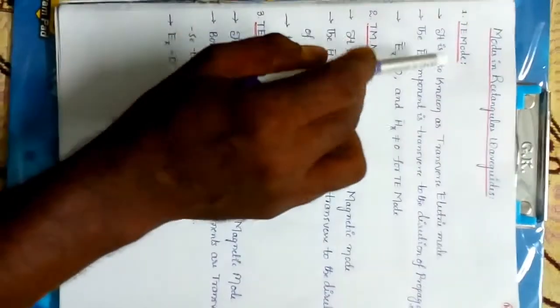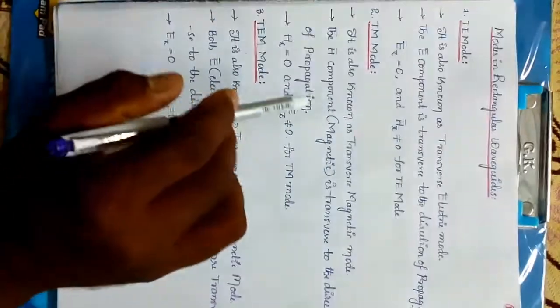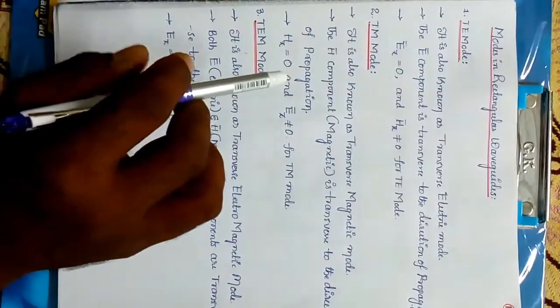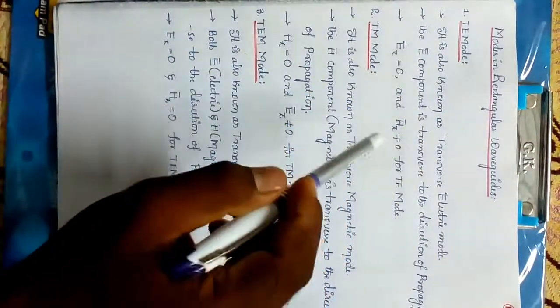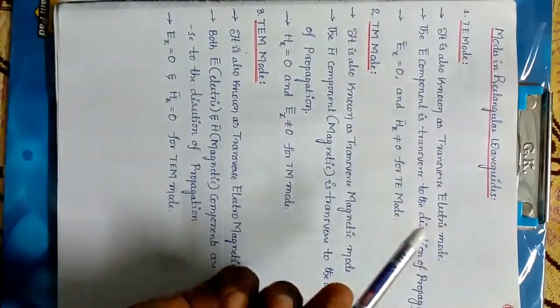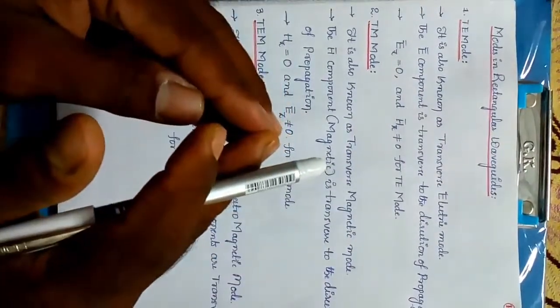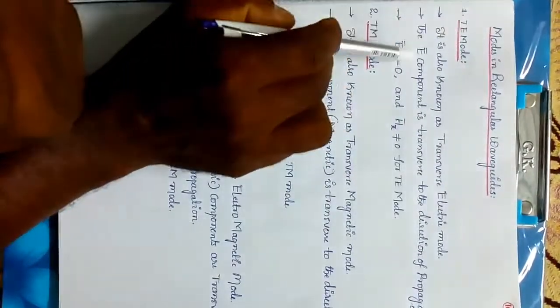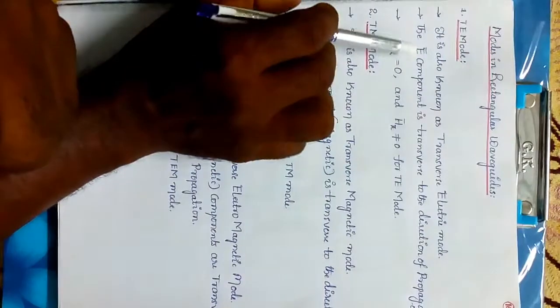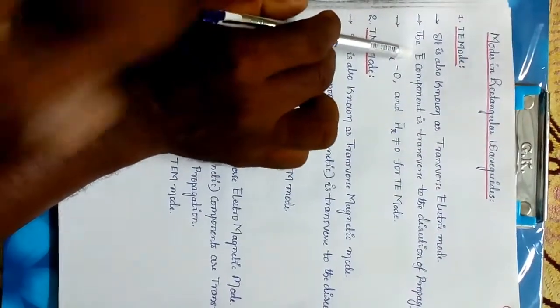What does the TE mode refer to? The TE mode is also known as the transverse electric mode. The main definition of TE mode: TE means transverse electric, where E refers to the electric component.